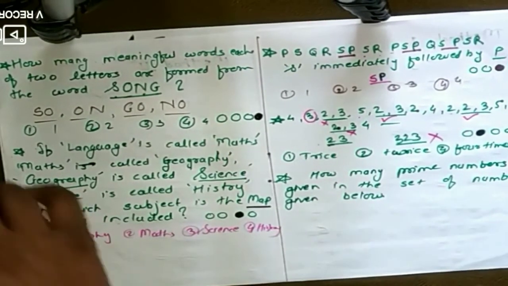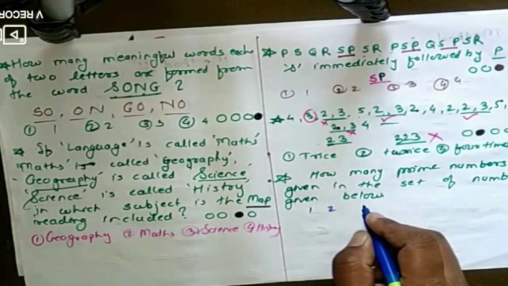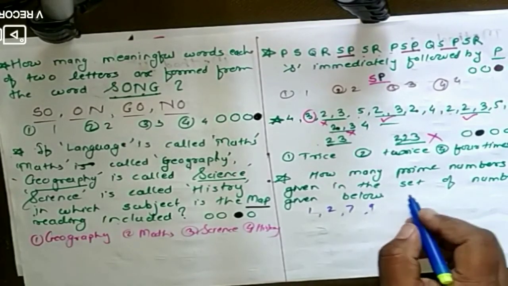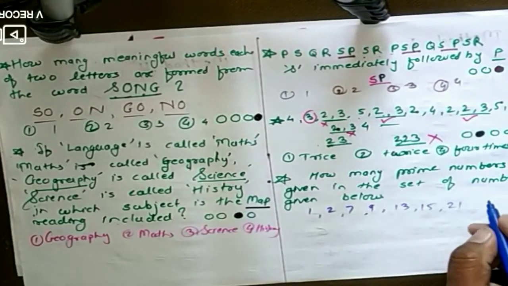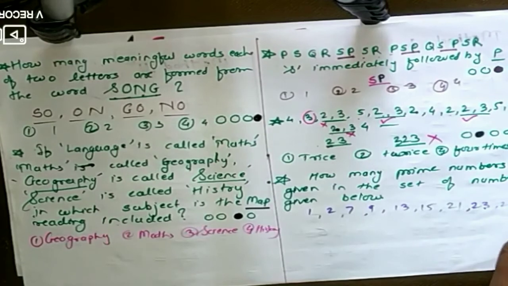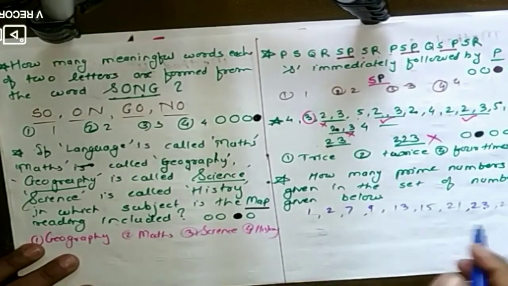So first of all we will write the numbers here. The numbers are 1, 2, 7, 9, then 13, 15, 21, 23, 27, and lastly 29. So this is the number series.